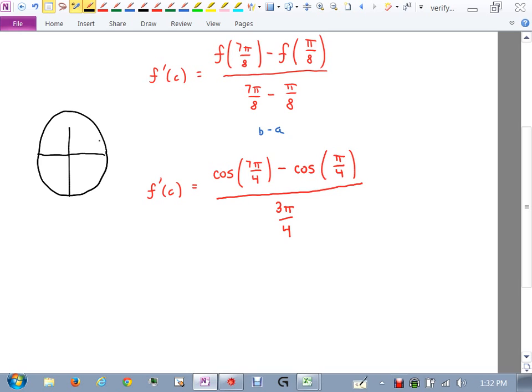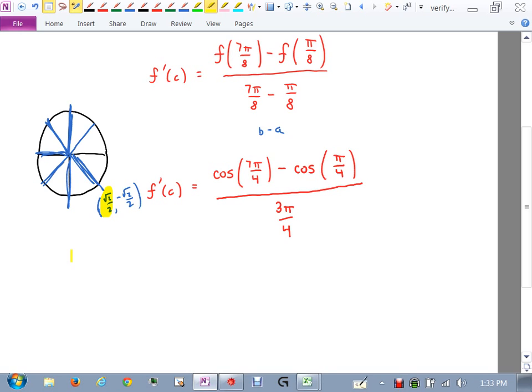So I need to figure out where 7 pi over 4 is. Pi over 4 is a quarter of the way here, right? That's pi over 4. This is 2 pi over 4. This is 3 pi over 4. This is 4 pi over 4. This is 5 pi over 4. This is 6 pi over 4. And this is 7 pi over 4. The point here is what? Root 2 over 2, negative root 2 over 2. So cosine is the x-coordinate. It's this.